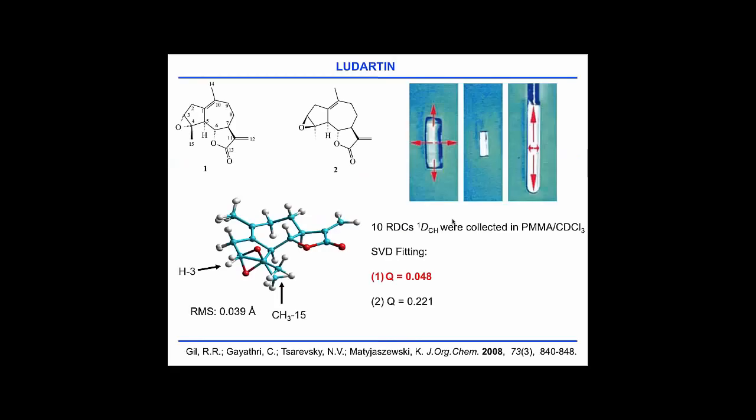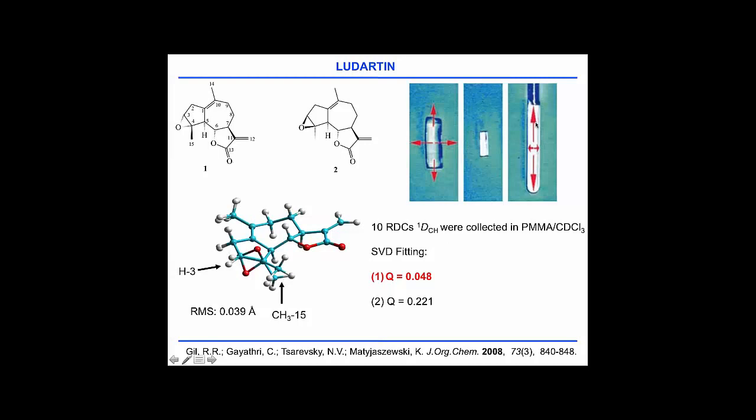I isolated this compound during my graduate studies, and I had to do semi-synthesis because the difference between the alpha and the beta is almost like in a double bond, so the use of conventional NMR didn't work.